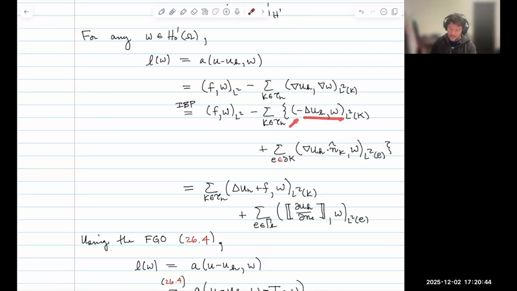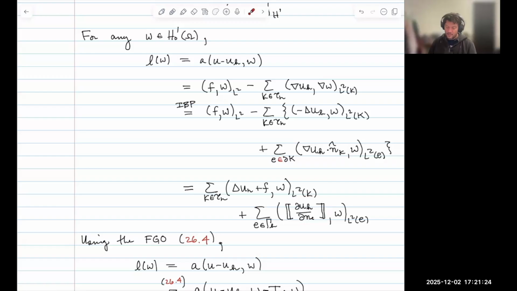This term now can be combined with this term. I can also break this integral up over each triangle. Right now, this is over the global domain, but I can break it up over triangles and I get this term when I do that. So that accounts for the first two. What about the second two? Now, once I account for whether or not this guy is equal to NE or minus NE, and for each edge it can only be equal to NE or minus NE, that accounts for this jump in the normal derivatives.